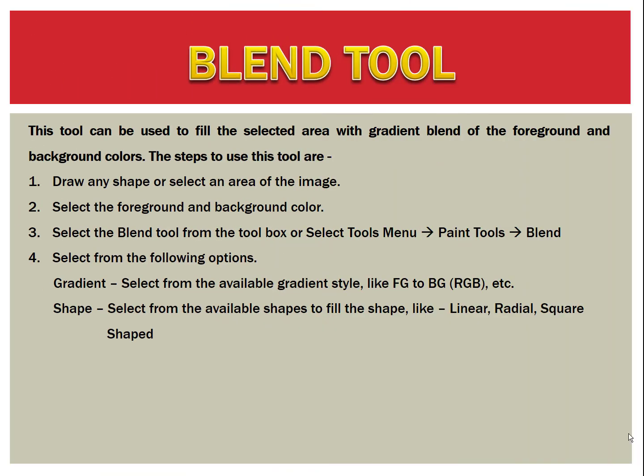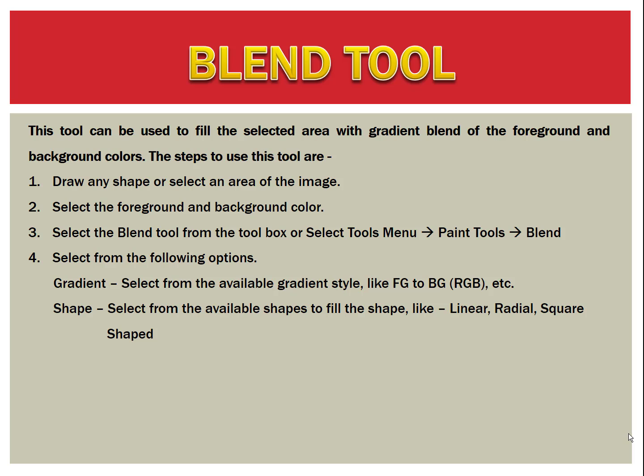Next is blend tool. This option can be used to fill the selected area with gradient blend of the foreground and background colors. The steps to use this tool are: draw any shape or select an area of the image. Select the foreground and background color. Select the blend tool from the toolbox or select tools menu, next paint option, next blend option.